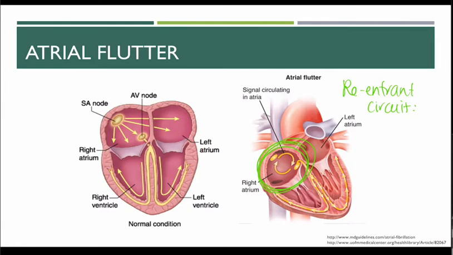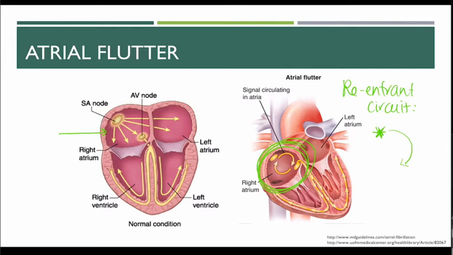What happens is there is some kind of abnormality in the atrial wall or some kind of disturbance, and instead of the signal going in straight lines like you see in the normal where it follows the internodal pathways, the electrical activation takes a circular path where you get an action potential, and instead of going straight towards the AV node, it takes a circuitous route around.